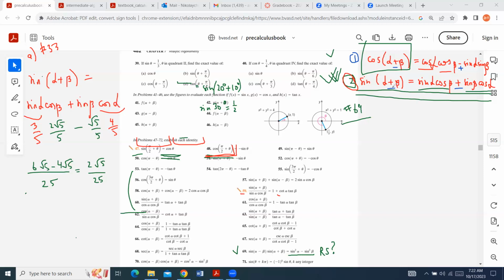So sine alpha minus beta. So I'm going to write it: sine alpha cosine beta minus sine beta cosine... I said beta and put alpha. That's not a good idea. Cosine alpha.